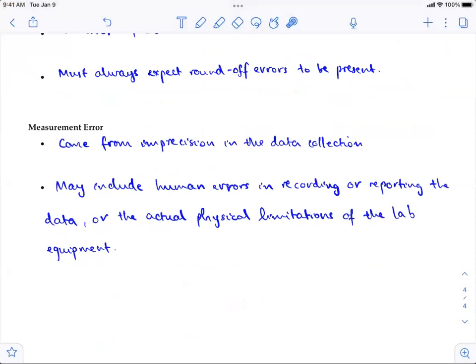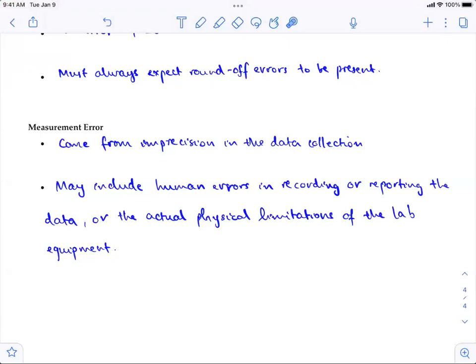Right. It comes from imprecision in data collection. We always make this type of mistake, right? Even though it looks fine to your own eyes, there's actually always some measurement error in your data collection. It may include human errors in recording or reporting data, or the actual physical limitations of the lab equipment.